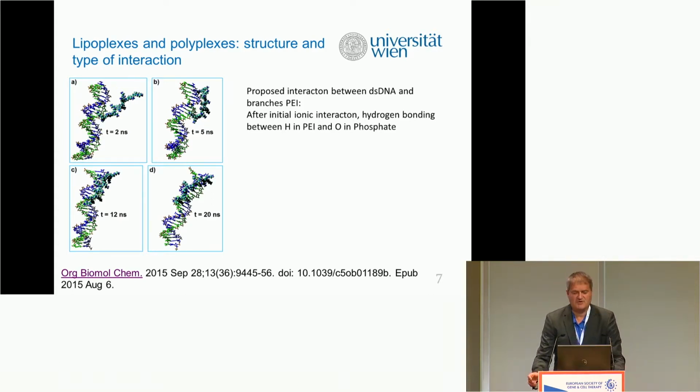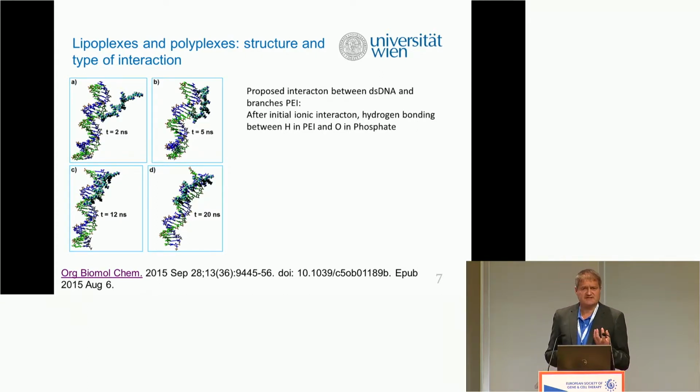There is some work done about the molecular modeling, about the interaction kinetics between polycations and the nucleic acid, and there is one proposed mechanism, so that initially you have this ionic interaction, and then a hydrogen bonding occurs between the polyethylenimine and the phosphate groups in the backbone of the nucleic acid.